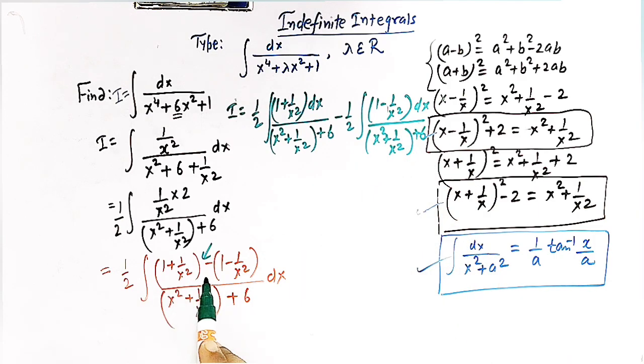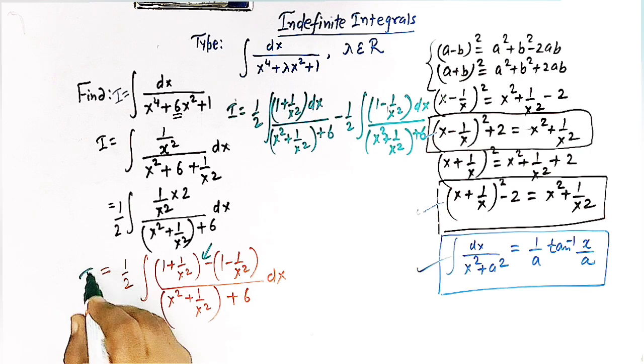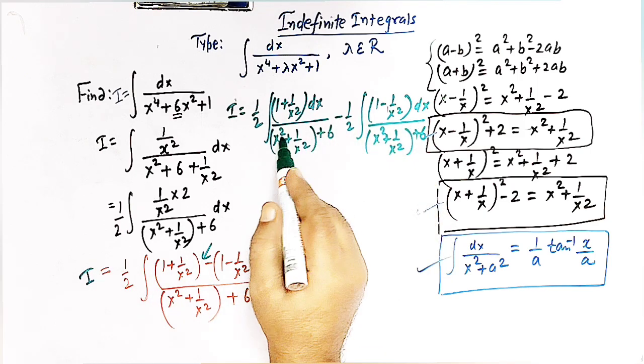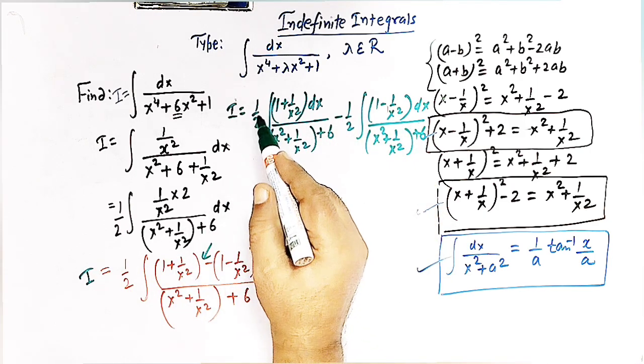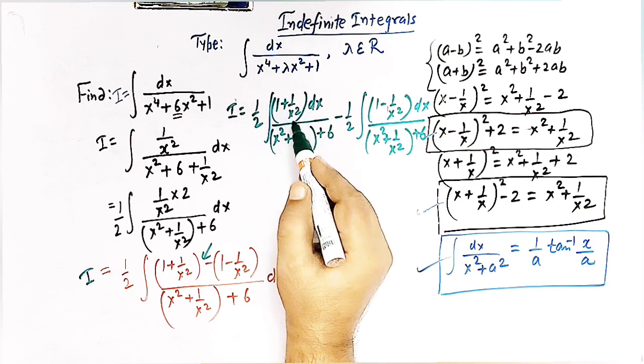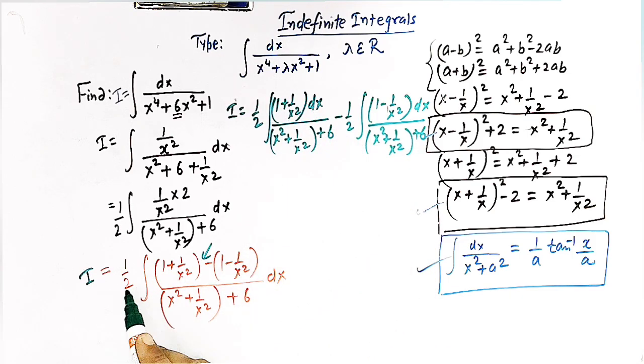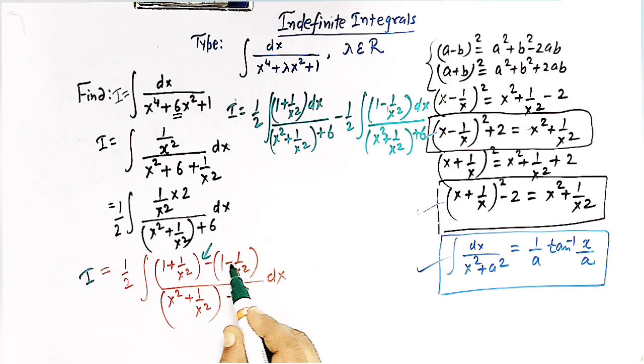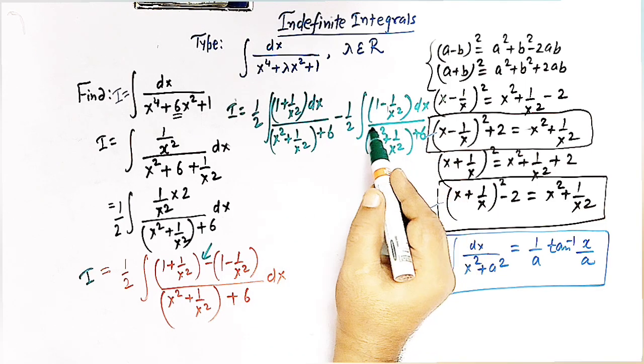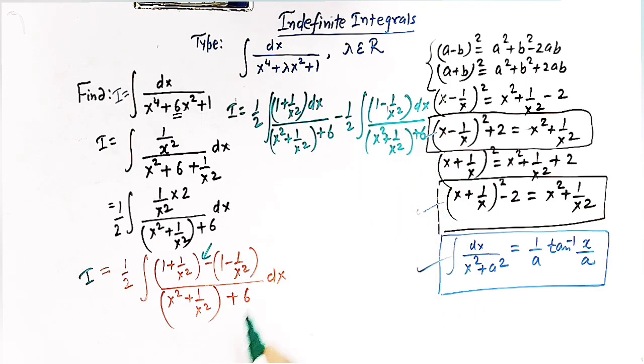So what we have done here, we have expressed this integral I as a difference of two integrals, right? So the first one is half, then we have 1 plus 1 over x square dx and the denominator, then we have half and 1 minus 1 over x square dx and the denominator, right?